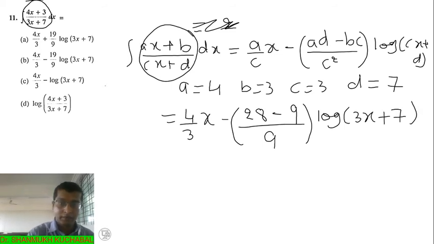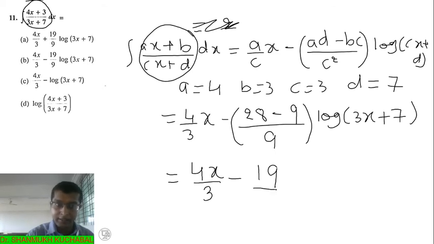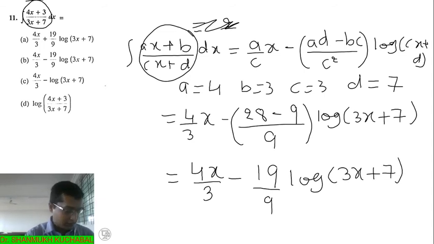So further simplifying, we get 4x divided by 3 minus (28 minus 9, that is 19) divided by 9, log of 3x plus 7. Yes, we can see here that option B is the right answer. So there is a little bit of change in sign. See the sign carefully and then choose the correct option. Here in this example, B is the right answer.